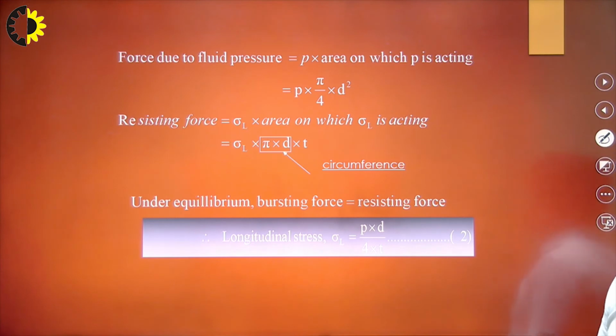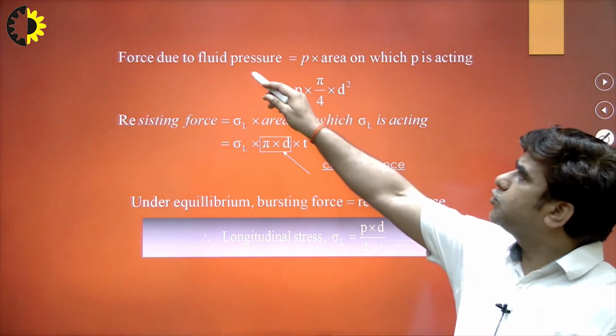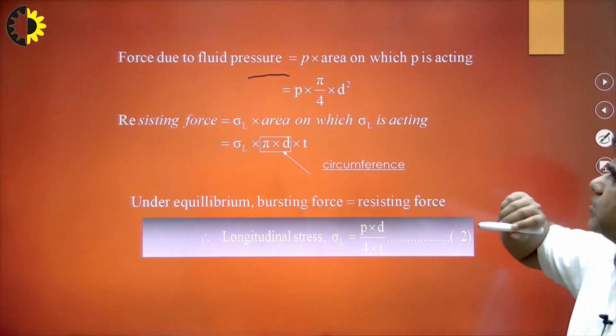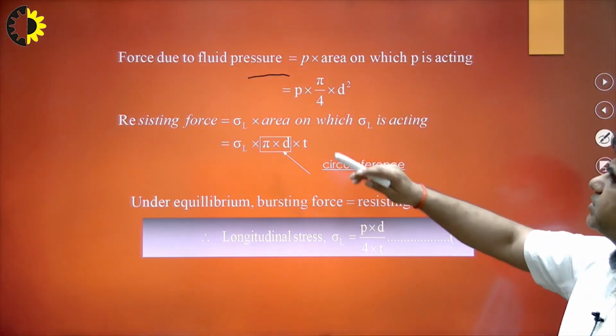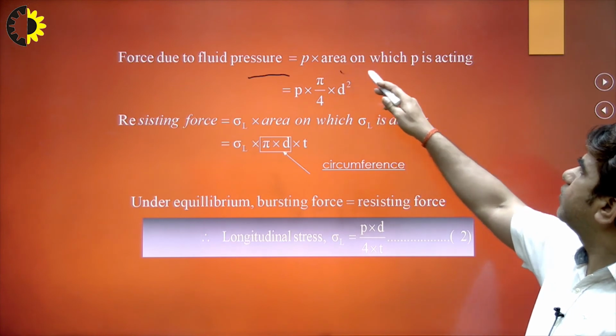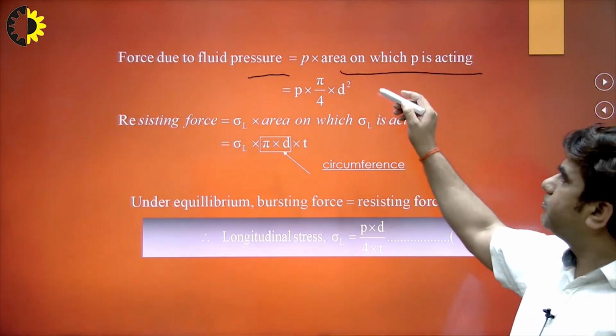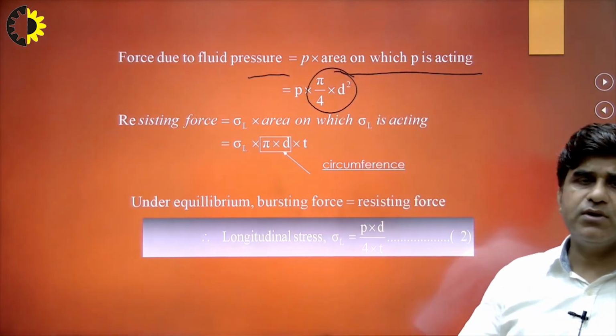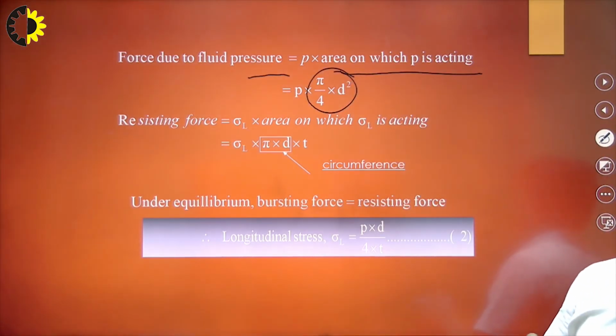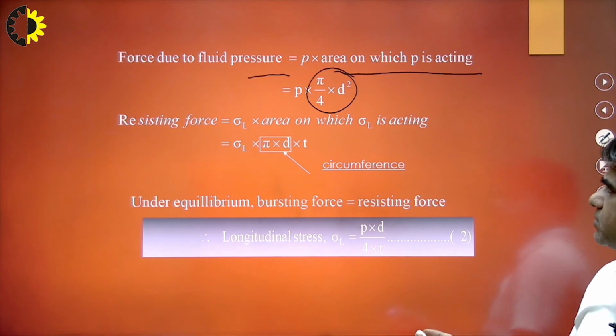Now, another way to find this longitudinal stress: the force due to fluid pressure, which is a bursting force, is P into the area on which P is acting. P is acting on this area, pi by 4 d square, because it's circular.